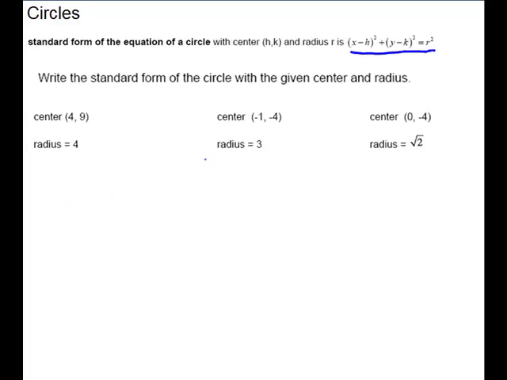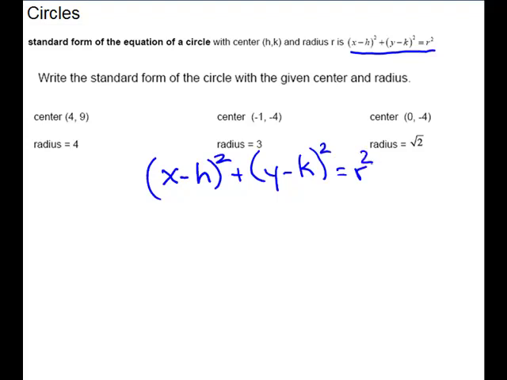For our second one, with our center -1, -4, when we start to plug in, I'm going to write the formula first: x minus h and y minus k. Since it's already negative, we're going to have to put a plus here.